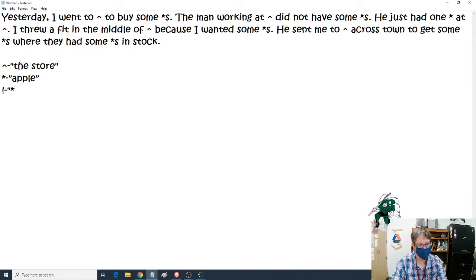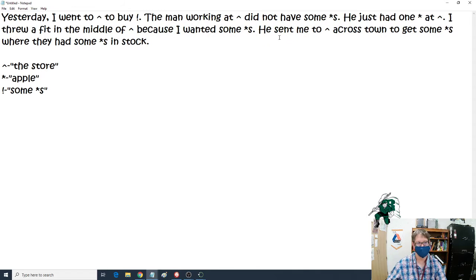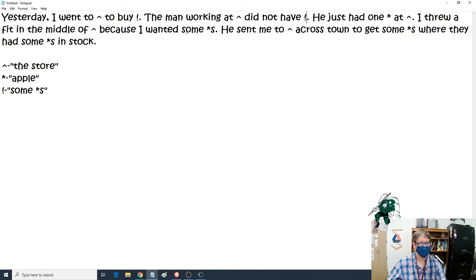Exclamation point, sure. And I'm going to replace some apples. But am I actually replacing the apples here? No, I'm replacing the star. So I can even compress my compression. Are y'all following that? Yes, no, maybe? Yeah, so now, every time I see some apples, I can just put an exclamation point.